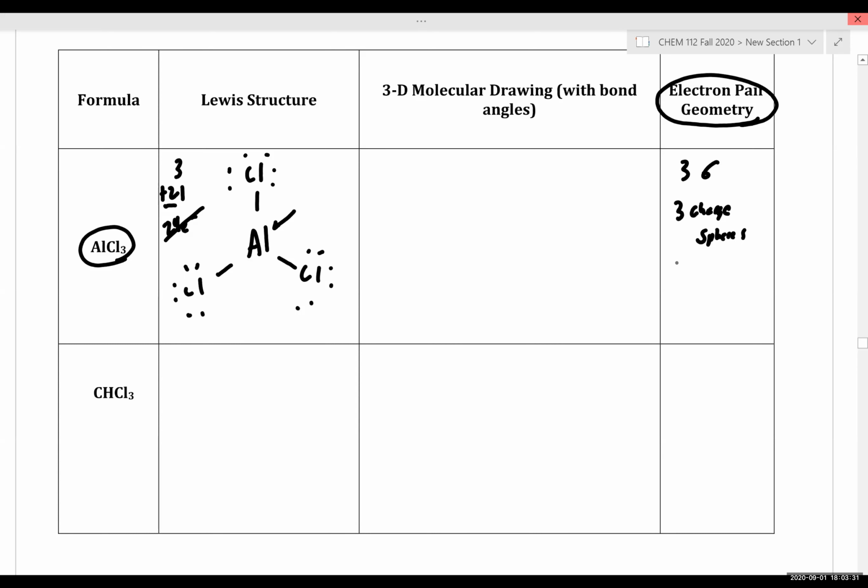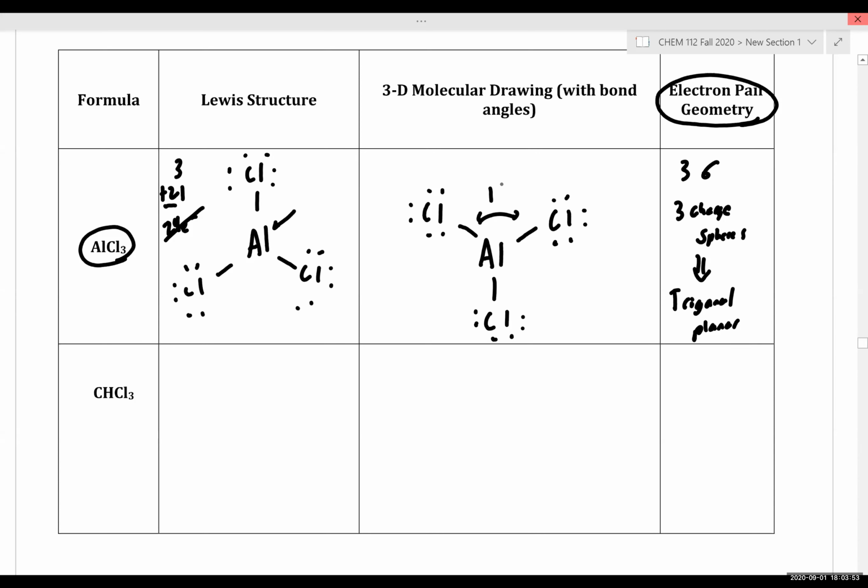And as a result, we can conclude it would have the trigonal planar geometry. So if we're drawing aluminum chloride respecting its three-dimensional shape, aluminum chloride would be completely flat and we would have bond angles of 120 degrees.